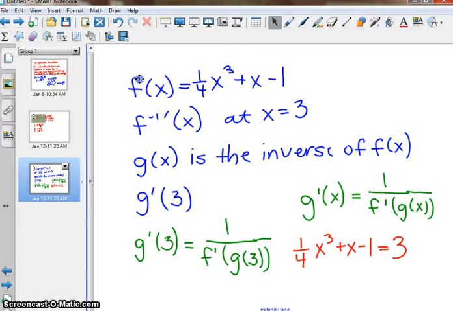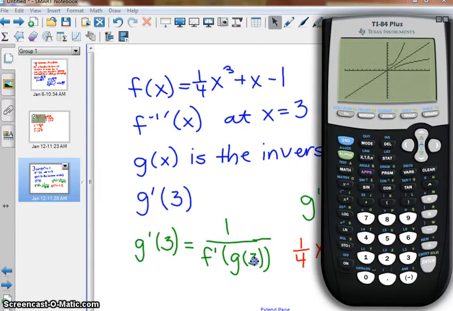Now, I am going to use my calculator to figure out what that point is. So I'm going to go back to my graph. And I'm going to type in 1/4 x cubed plus x minus 1, and I'm going to set it equal to 3.